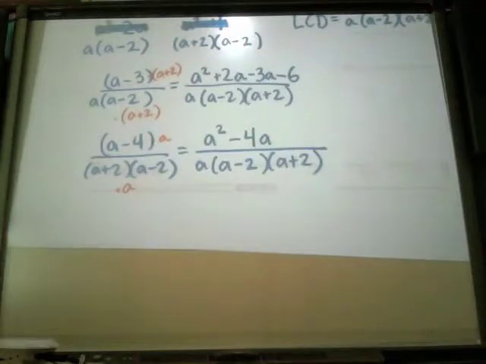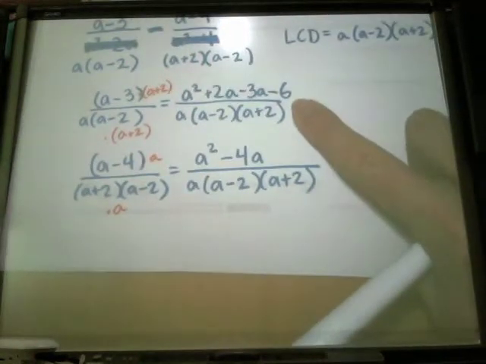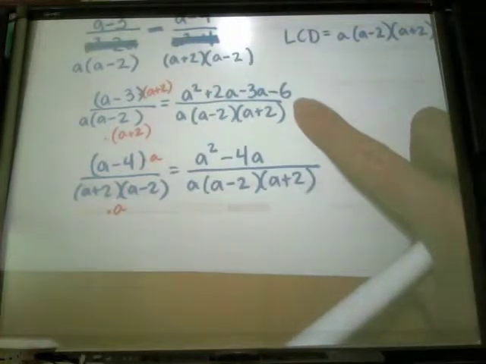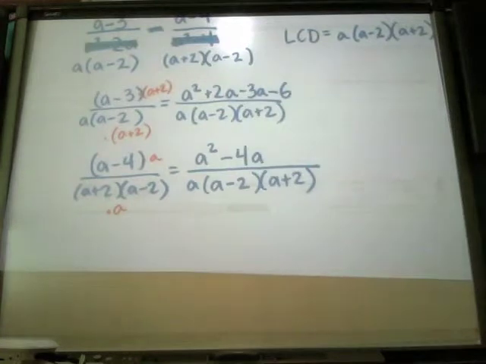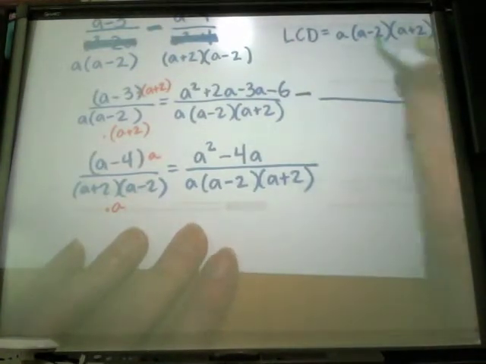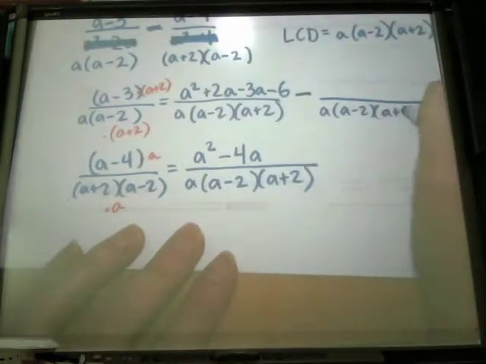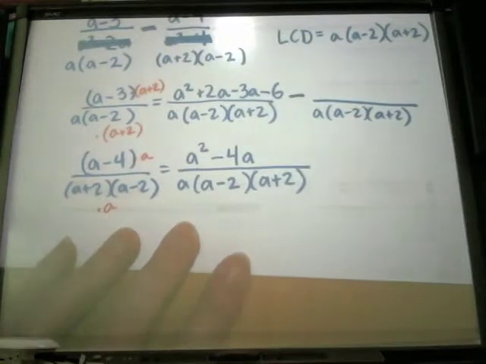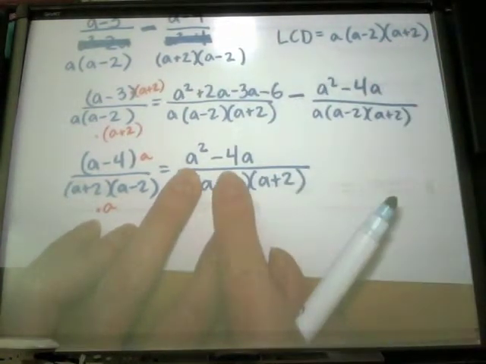Now for step 4, here's what I'm going to do. I'm going to go back to this one where I've already written the first one. I don't want to write that whole thing again, so I'm just going to bring this second one up next to it. And here's what's important. I said at the beginning, this is a subtraction problem. Minus, and then here's my second fraction, a squared minus 4a, that I got right here.